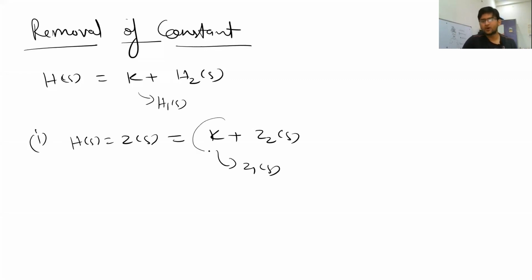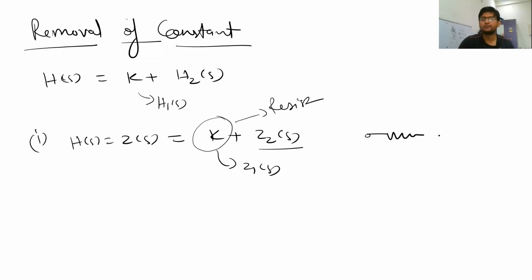So if this constant is represented by an impedance, then what can it be? It can only be a resistance. So this is nothing but your resistance, which will be taken out. So for an impedance function, if you take out or remove the constant, it represents a resistance in series with Z2.